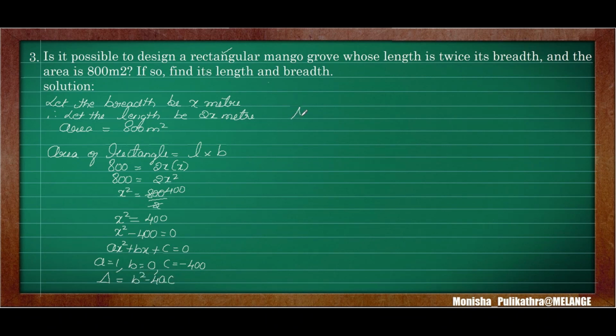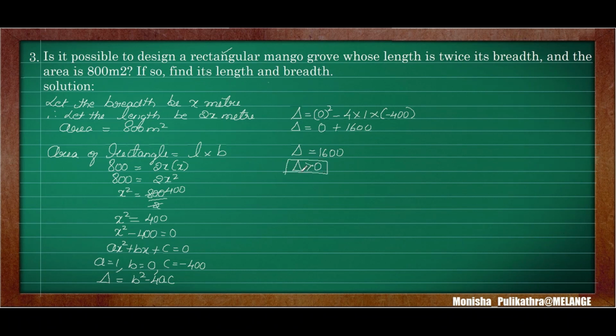Here b is 0, so 0 square minus 4 into 1 into minus 400. 0 square is 0 itself. Minus into minus is plus, 4 4s are 16, so 1600. So delta is equal to 1600, which means delta is greater than 0.